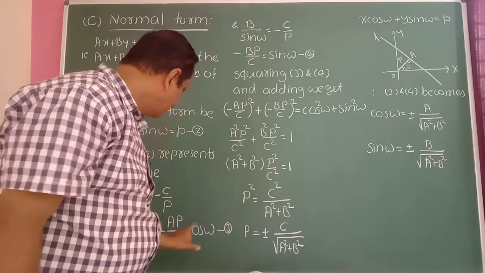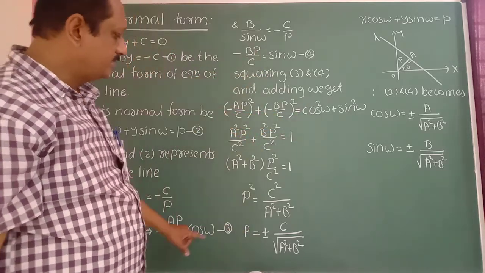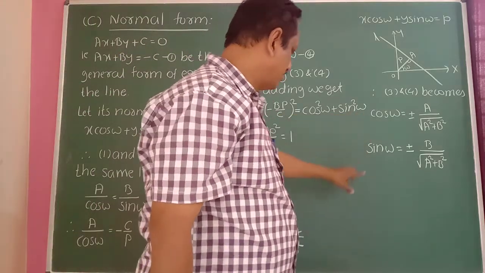So use this P here and here, we get these two results. Therefore P is this one, cos omega is this one, sin omega is this one.